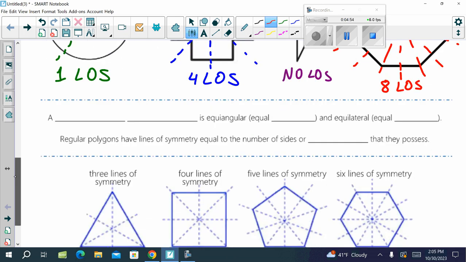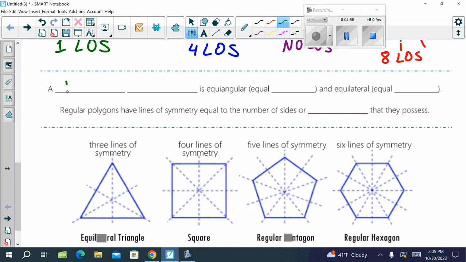Next, a regular polygon is equiangular, so it has equal angles, and equilateral, so it has equal sides. Regular polygons have lines of symmetry equal to the number of sides or angles that they possess.